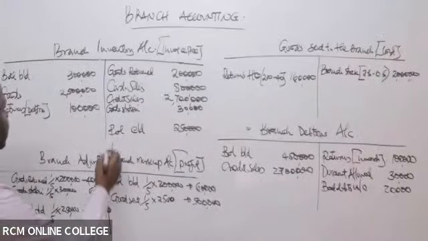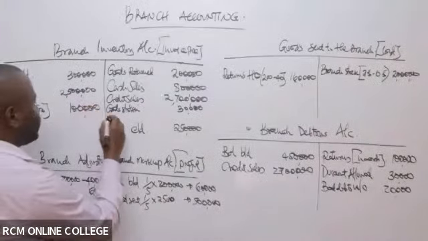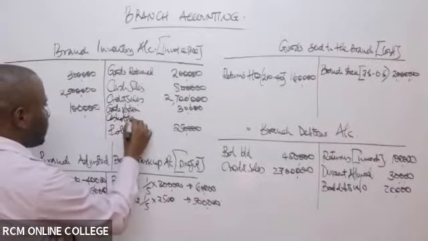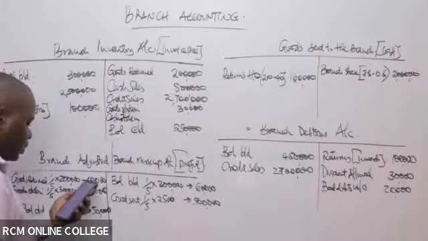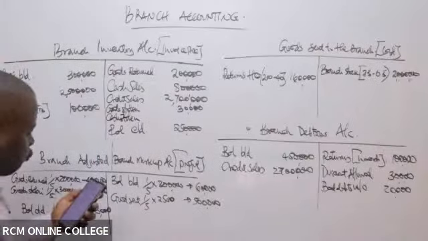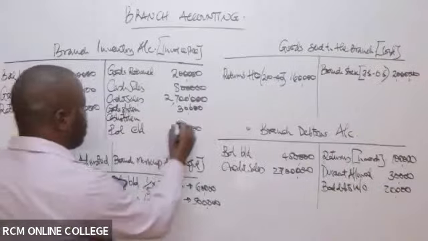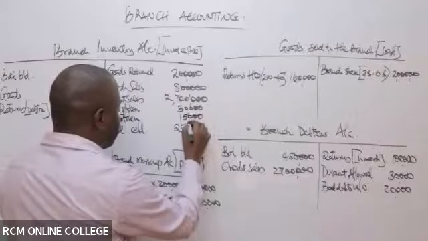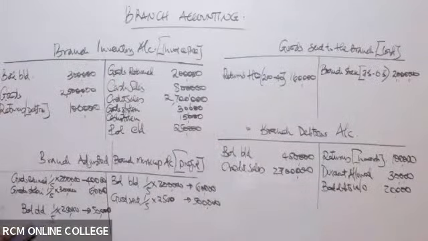So we said we'll credit the branch inventory account with the cash stolen. The cash stolen was an amount of 15,000.